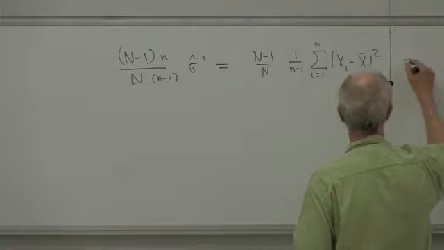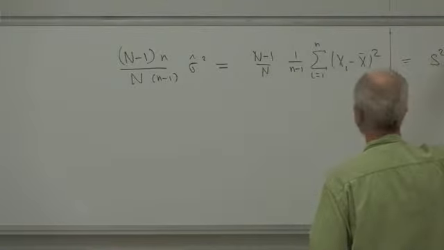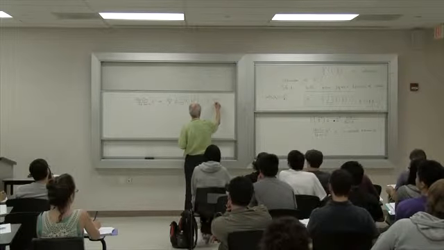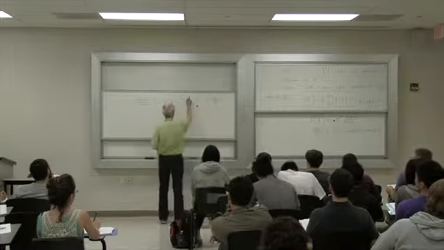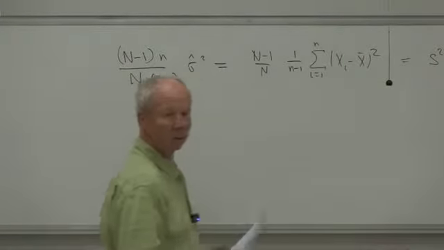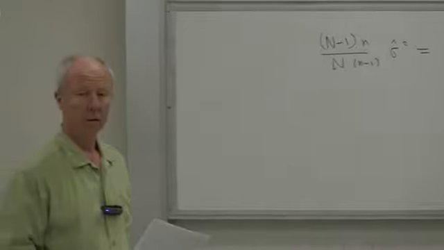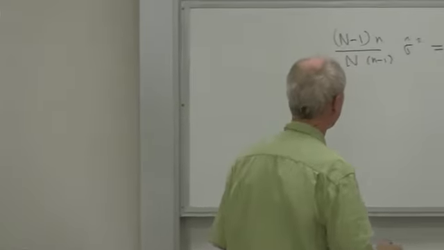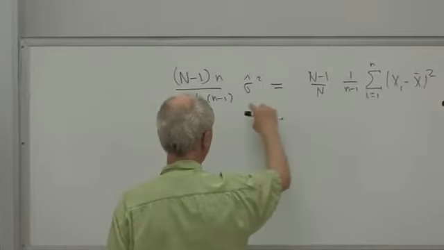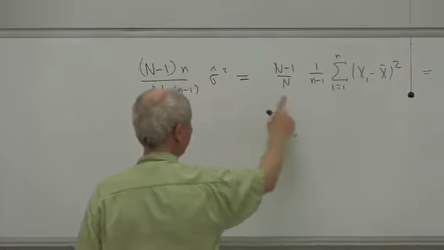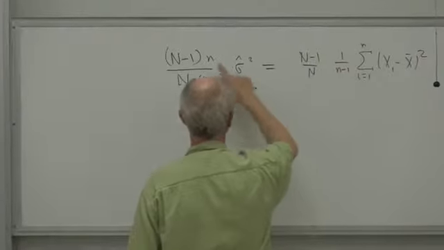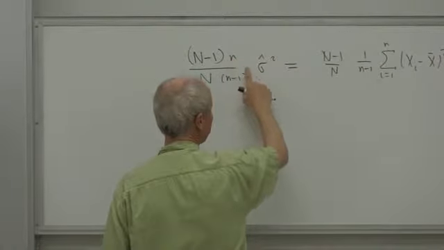This would be, this is s squared times capital N minus 1 over n, right? This is the definition of s squared. So to get from here to here, what did I do? I put in 1 over n times this, but then I have an n here, so that cancels.